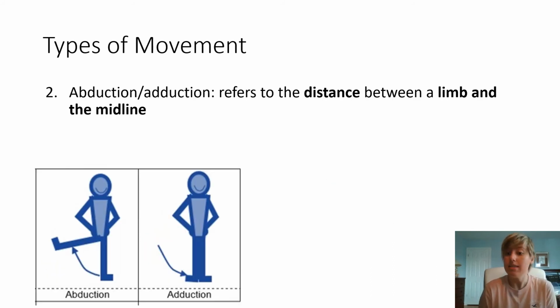The next example is abduction and adduction. And this is really focusing on the distance between the limb and the middle of the body. If I'm looking at our 2 bodies, I can basically cut my body in half. Whenever the limb is moving away from the midline, this is abduction.